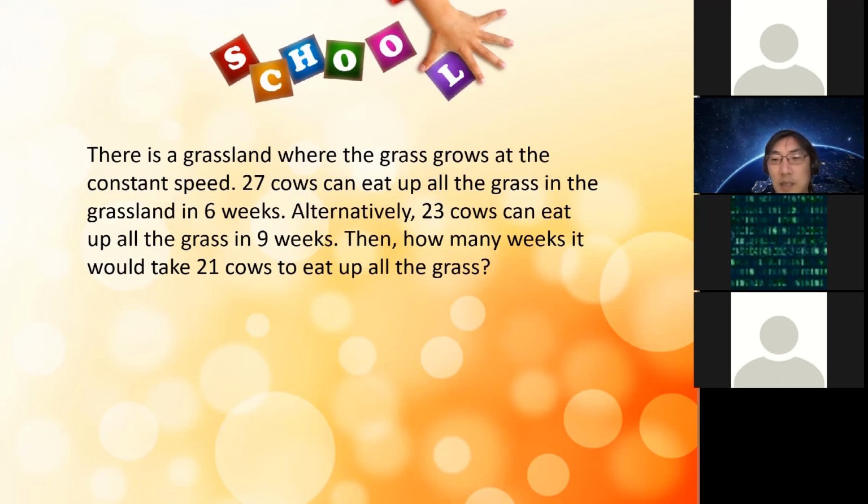So it's not like on day one the cows are in a good mood, and on day two some cows feel bad, or maybe their stomach hurts, so they eat less than usual, and some days they eat more. No, we cannot consider all those imaginative details. Just assume all these cows eat the same amount of grass every day.